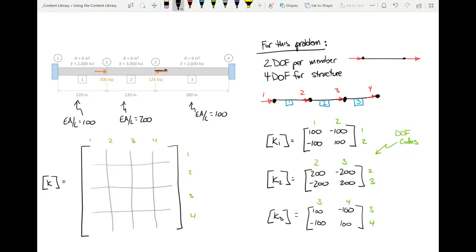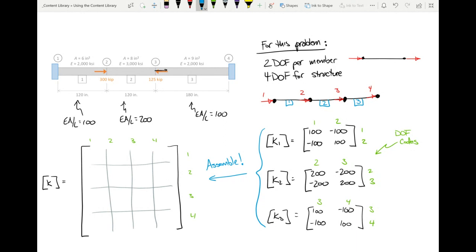All right. Now, how do we take these and turn them into this? Like the Avengers, we assemble. Now, how does assembly work? Assembly is basically collecting all of the like terms into one big K matrix.